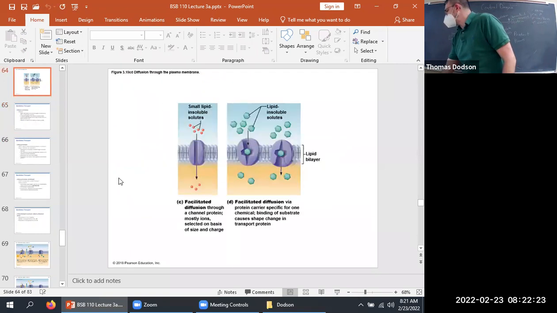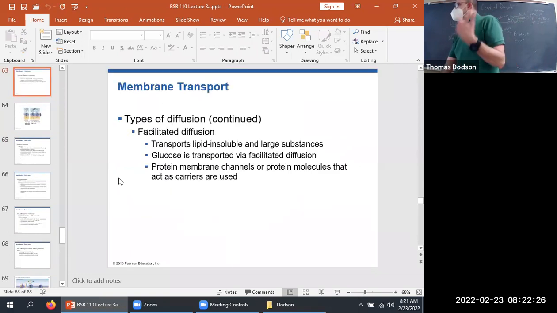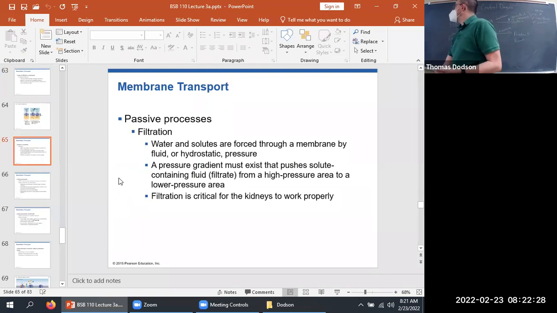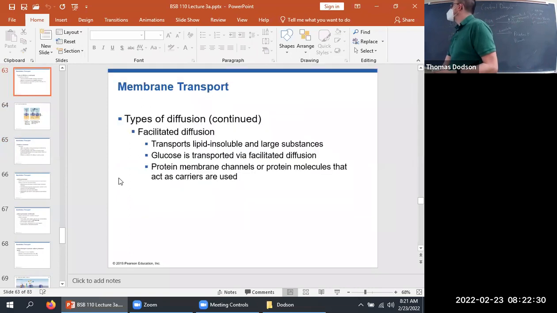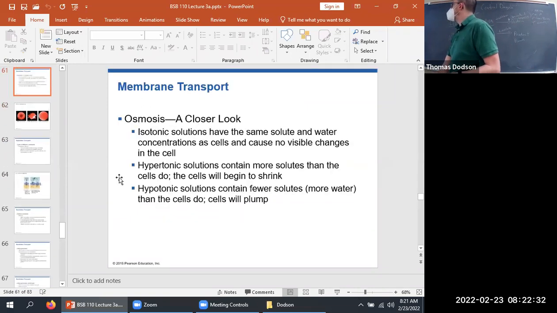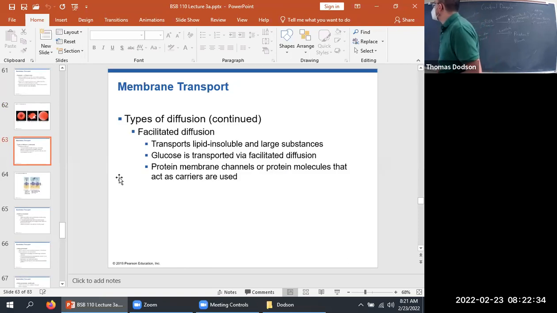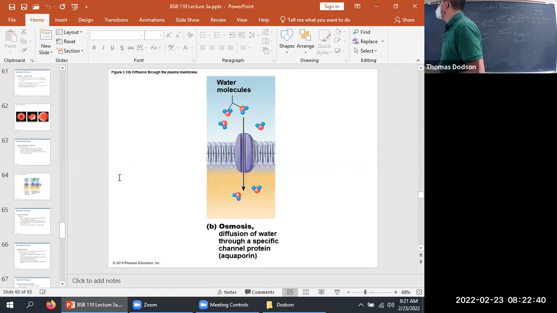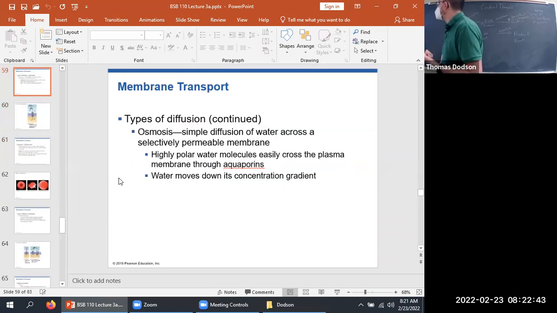So what's useful here is to just remember this. Let me go back. You've got filtration. You've got facilitated diffusion. We've also got plain diffusion, which is included here with osmosis.